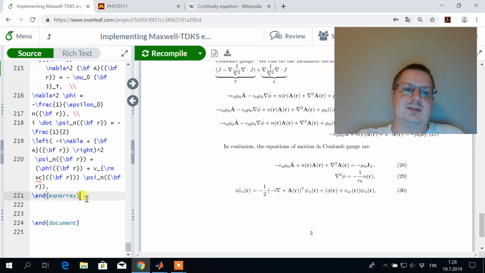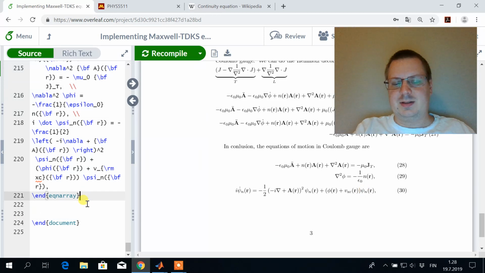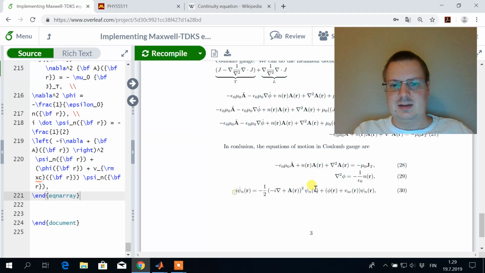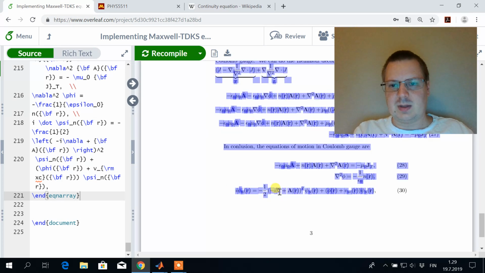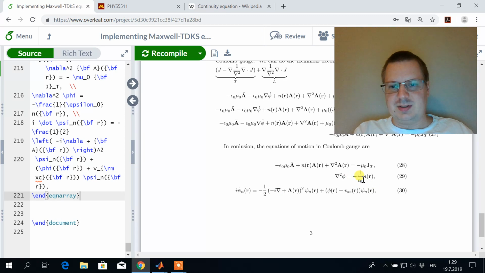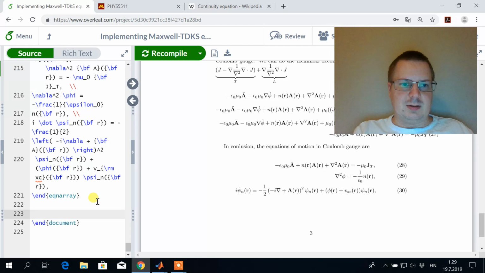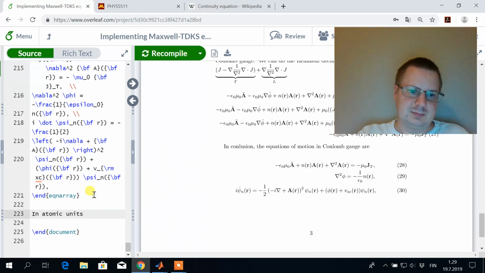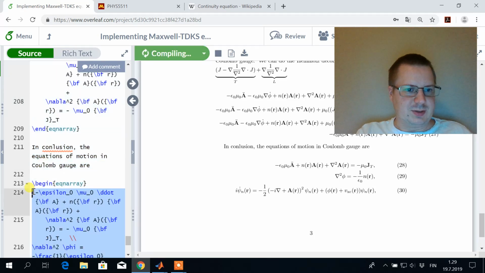So I think it's relatively okay. So I have probably used some mixed units. This Schrödinger equation is definitely in atomic units. So epsilon 0 is not part of the atomic units at all. So I would like to put this in atomic units now, so that I can actually implement it.